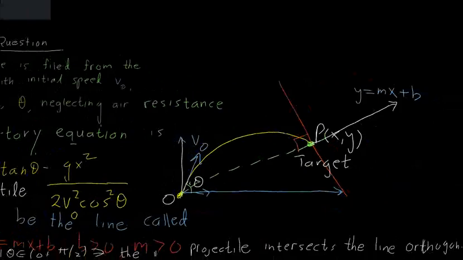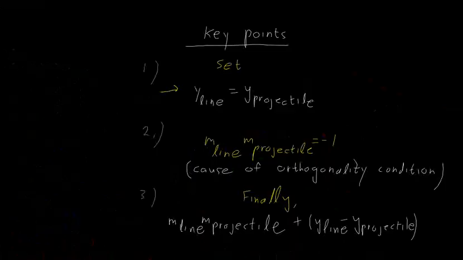Now, step two is modeling. So now we need to model this problem. What do I mean by that? There are going to be two conditions. The first condition is that the projectile must be on the line. Let's go on to page two.